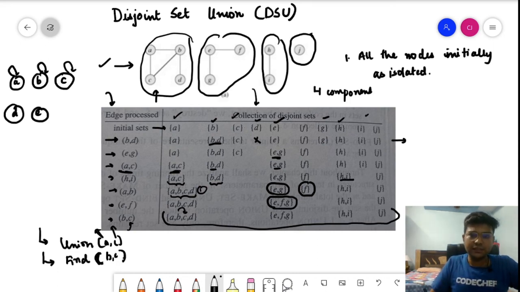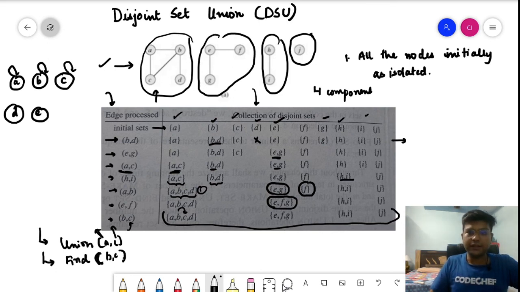It will be very simple if we understand the basic logic of it. More or less the concept is the same: whenever we are taking an edge, we check how we can merge these two components, and if they are already present in the same component, then we do nothing. This is the essence of disjoint set union. It is very important to understand because it will be quite helpful in many problems of competitive programming as well as various algorithms.